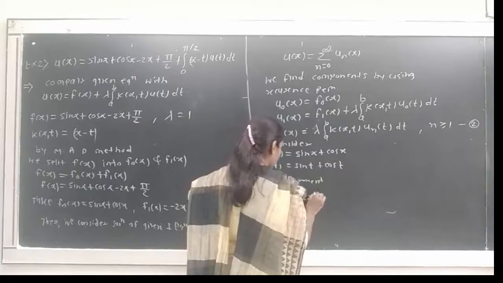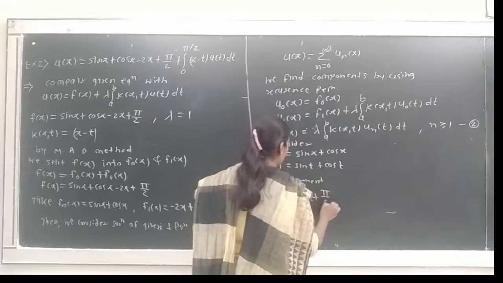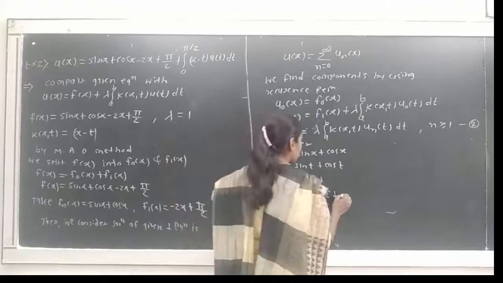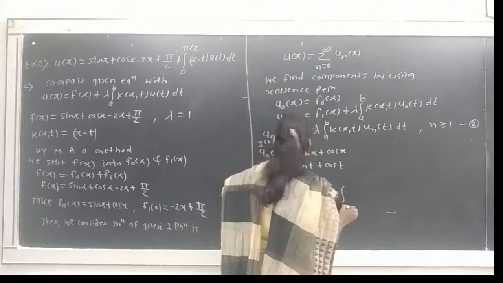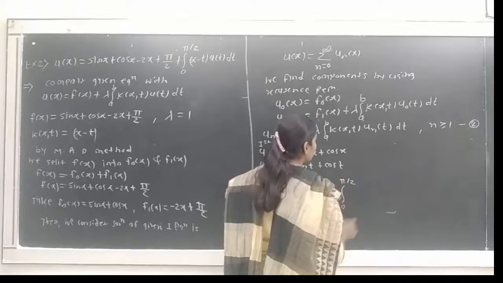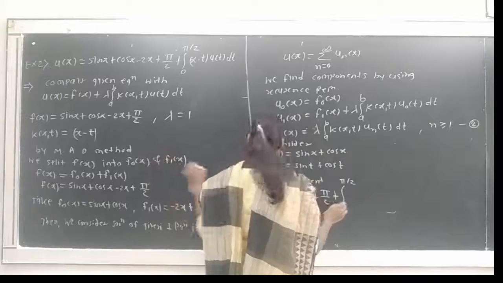So we put here minus 2x plus pi by 2 plus lambda equal to 1, integration from 0 to pi by 2, then the kernel k of xt will be x minus t.